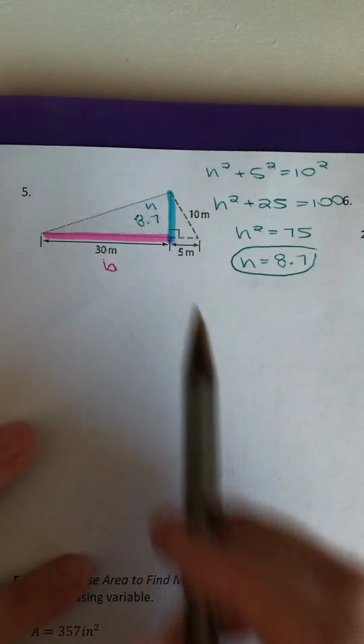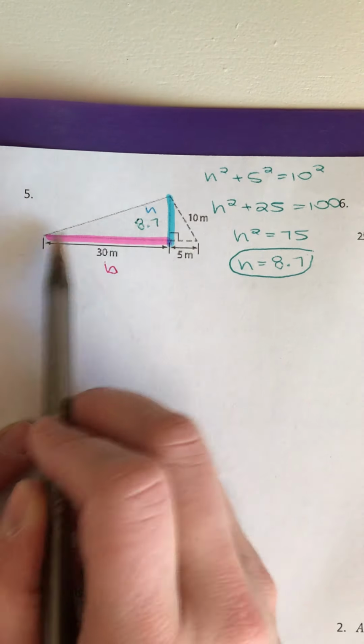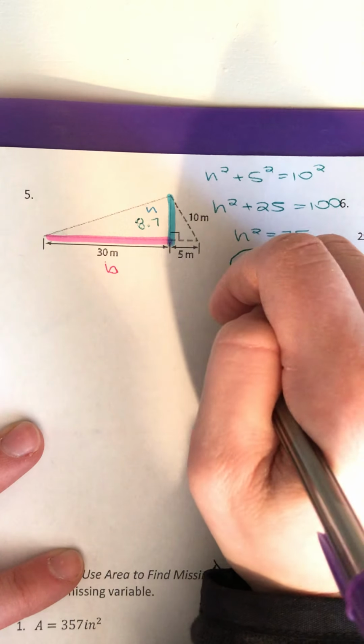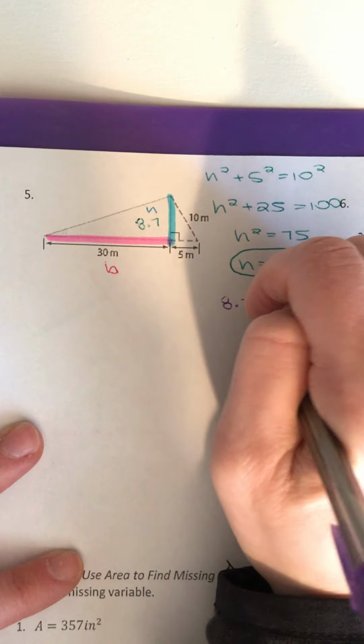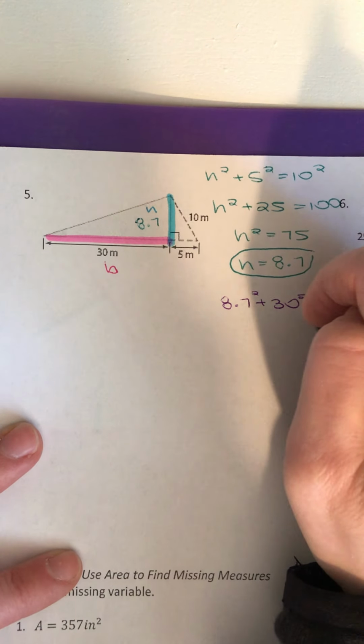This is another problem where we're going to have to do the Pythagorean theorem twice to find this hypotenuse. Squared.